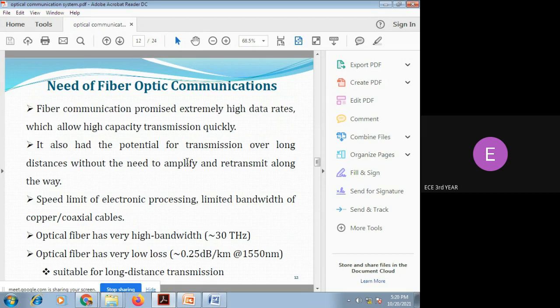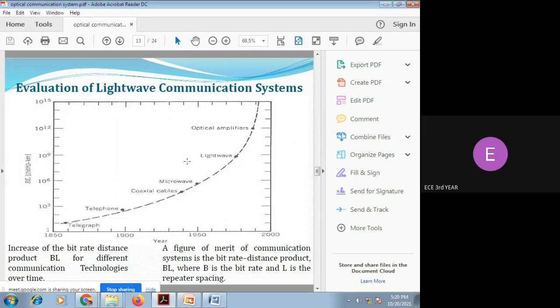So major needs are three things. One is high data rates, high distance communication. These are 2 points, and then without amplification and retransmitter in between. Their bandwidth is up to terahertz. These are all the main advantages of the optical communication system.